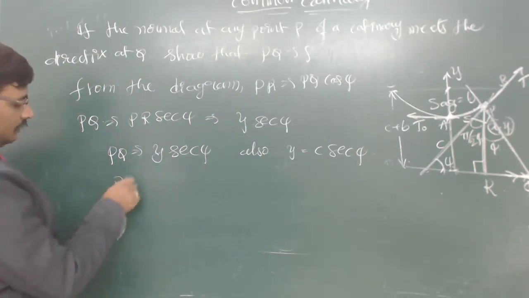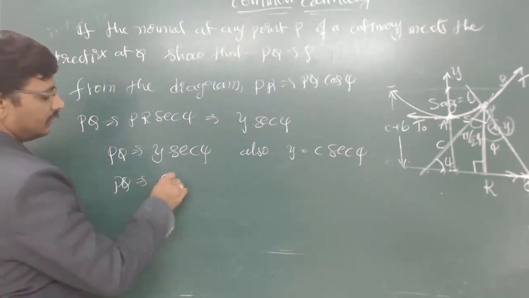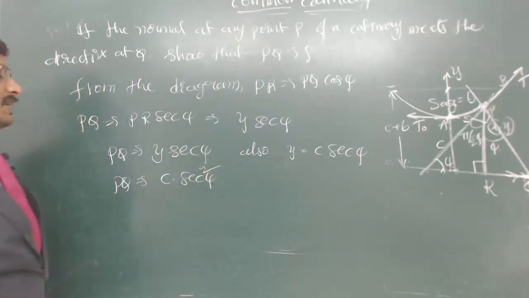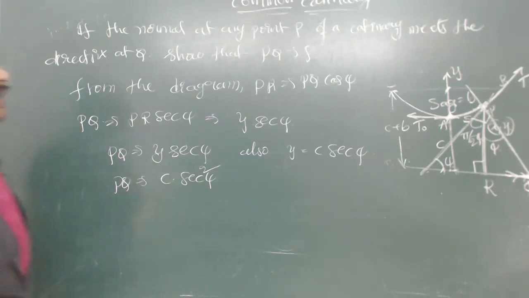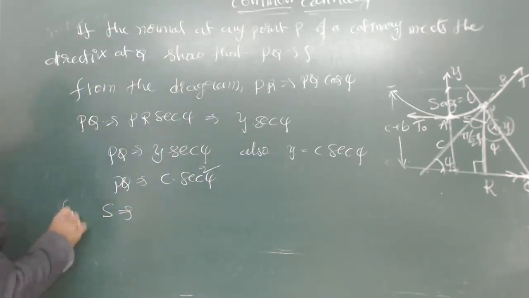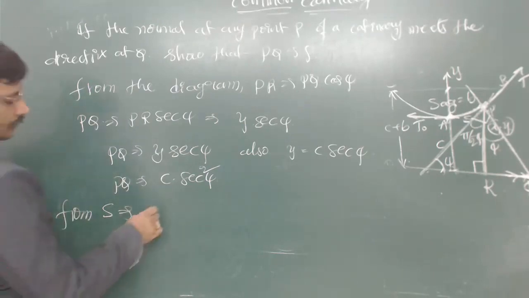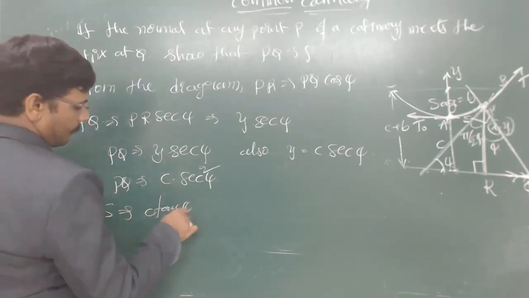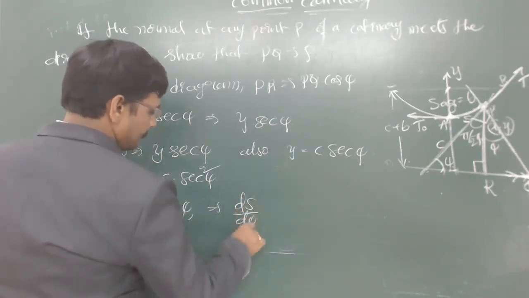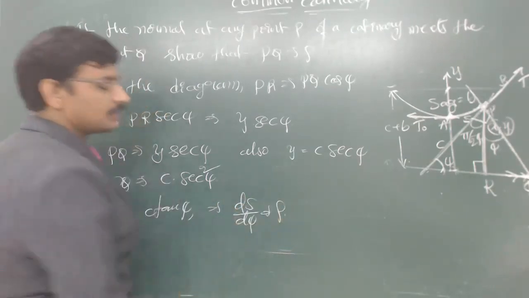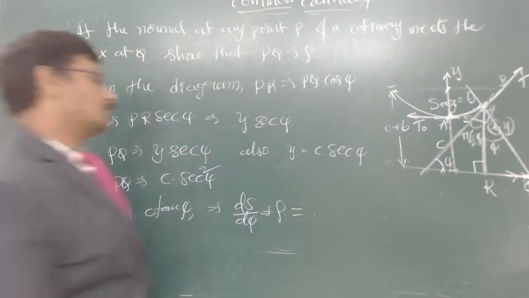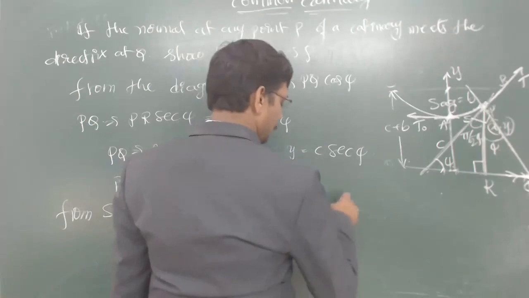Now from this, PQ you can write as c times secant psi into secant psi, which is c secant square psi. And earlier we proved that s is equal to c tan psi. It implies ds by d psi, which we call the radius of curvature, represented by rho, is equal to c secant square psi.